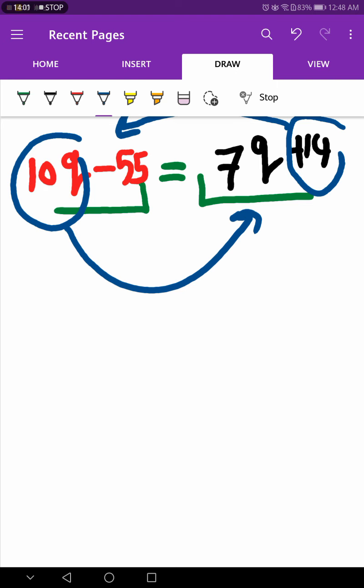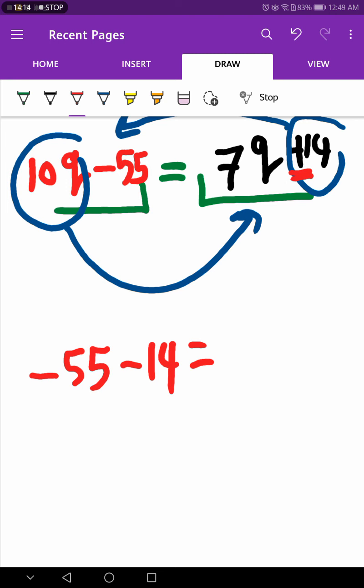Okay, let's go. So negative 55 in the left side, waiting the negative 14, and the negative 14 is coming. Teacher, but it is positive. When you move it to the left side, it will become negative.